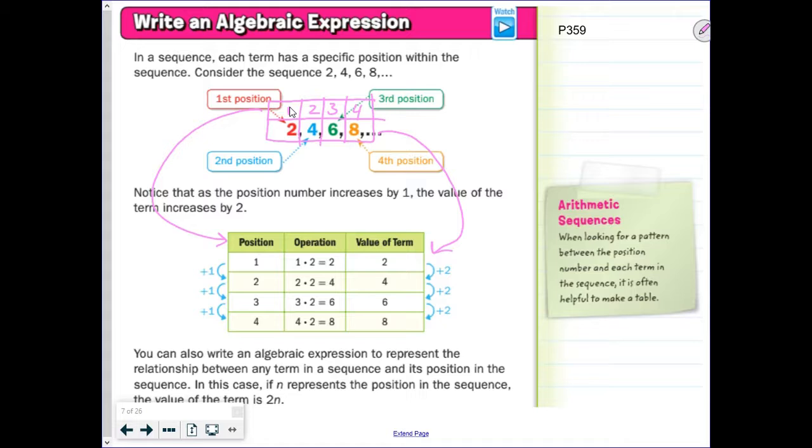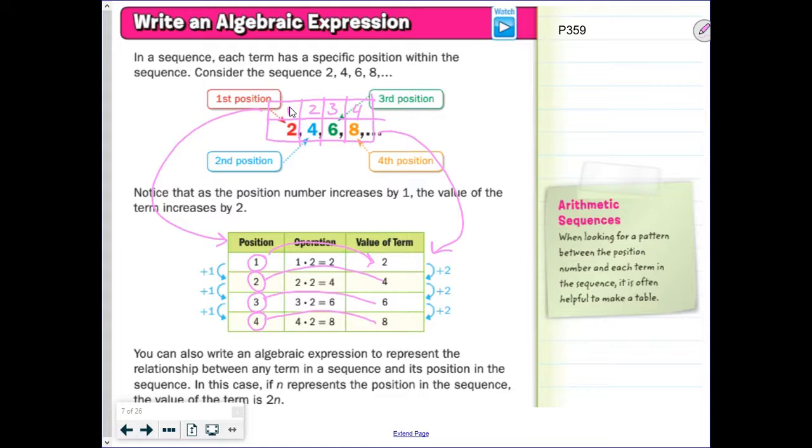What they have in the middle is what you would do if you took the position number and did something to it to get the value of the term. In this case, you would multiply 1 times 2 to get 2. You could also multiply 2 times 2 to get 4. You can multiply 3 times 2 to get 6, and 4 times 2 to get 8.